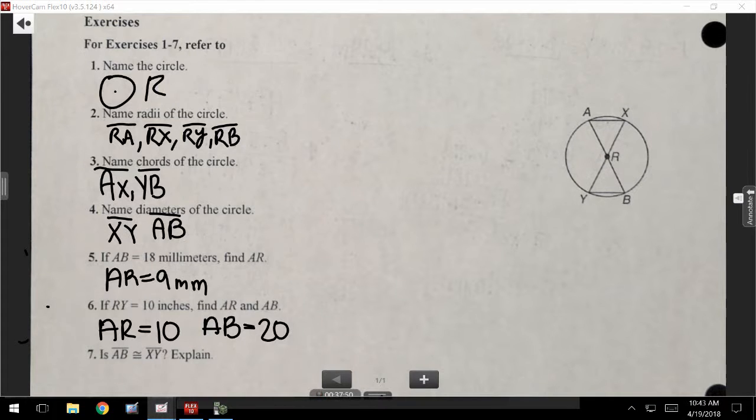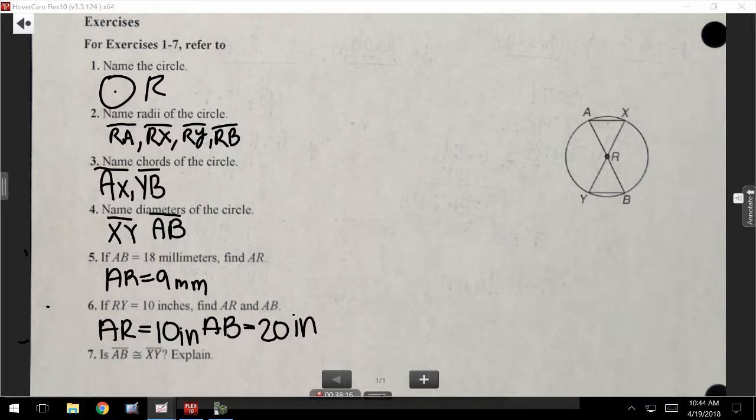If AB is 18, let's say R. Okay, one tiny thing right here. Don't forget your units. Inches, inches. Okay, so on number 3, how many chords did they list? 2. Which is right, but technically, aren't there 4?